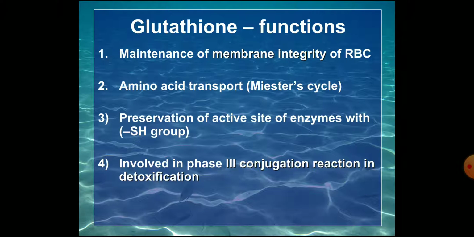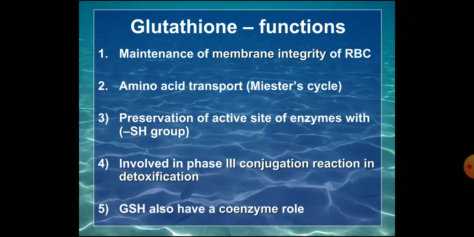Various methods are there for detoxification: phase 1, phase 2 and phase 3. The phase 3 detoxification is with the help of glutathione. So glutathione is involved in the phase 3 conjugation reaction in the detoxification of various substances.